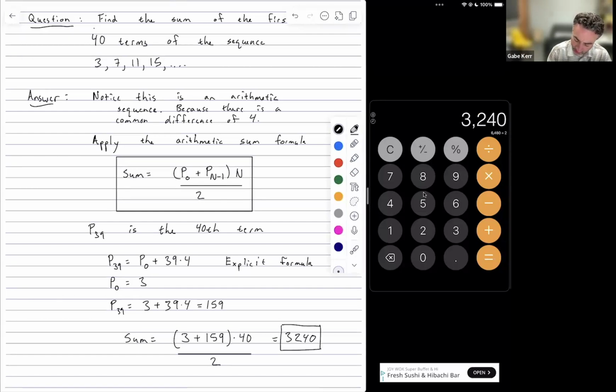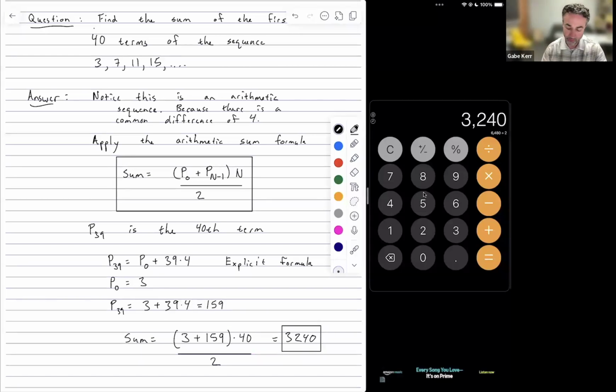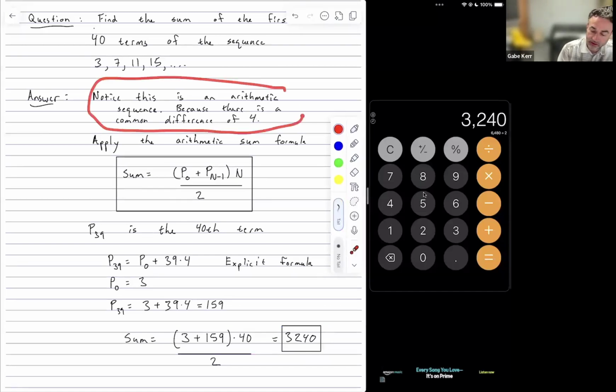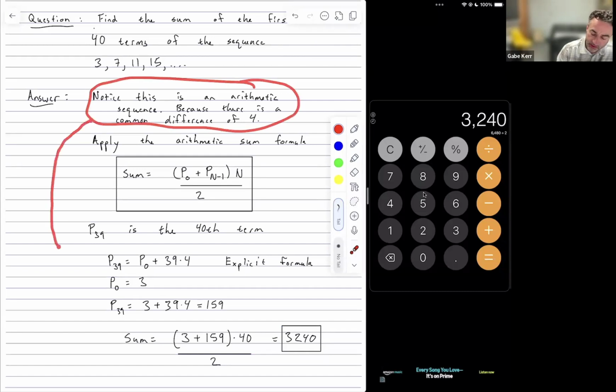Okay, so there were a few steps in there that I'd like to just review real quick. The first step was to notice what kind of sequence we're in. We have an arithmetic sequence. And right there, I could have said, since it's an arithmetic sequence with common difference 4, I know I have a formula like this.